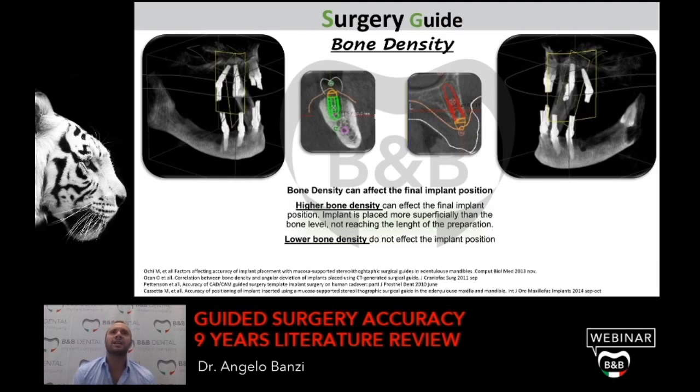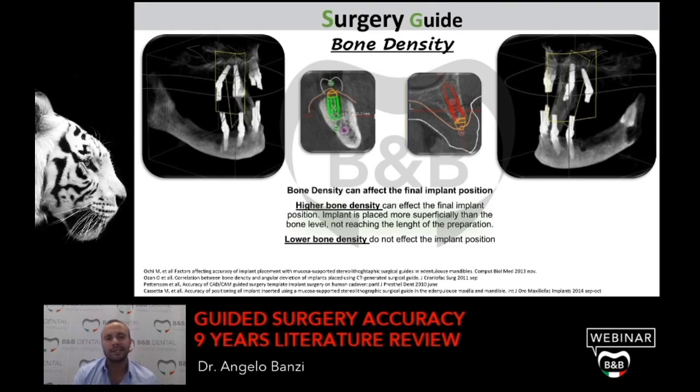Yes, because in his opinion, when the bone has a very high density, it's very difficult to reach the bone level position. The implant stays over the level of the bone. So in his opinion, the lower the density of the bone, the higher the accuracy.